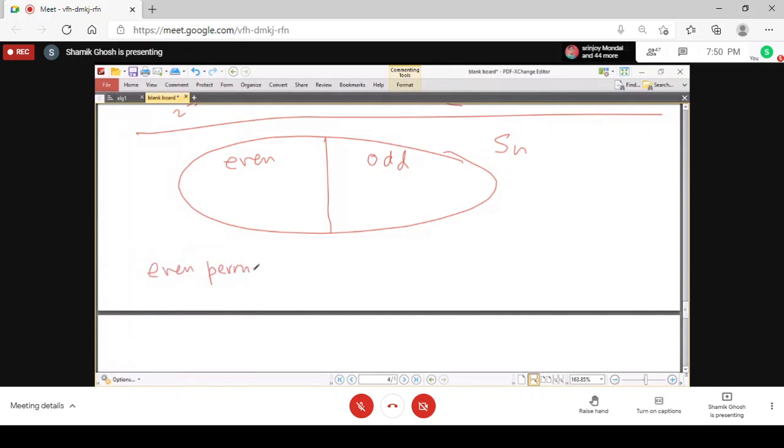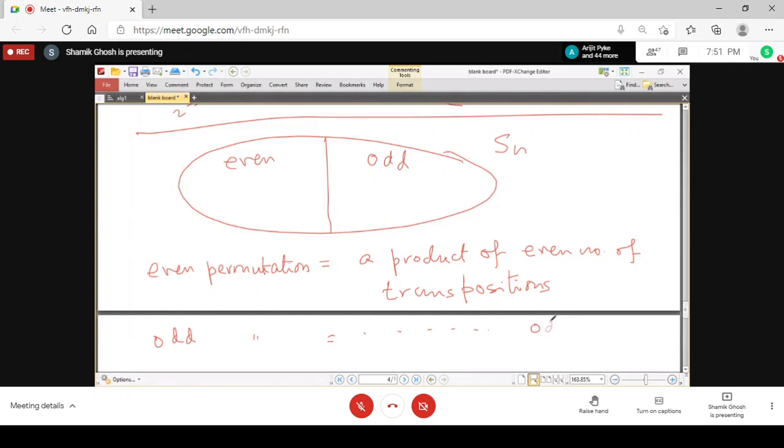An even permutation is a permutation that is a product of an even number of transpositions. And similarly, an odd permutation is a product of an odd number of transpositions.